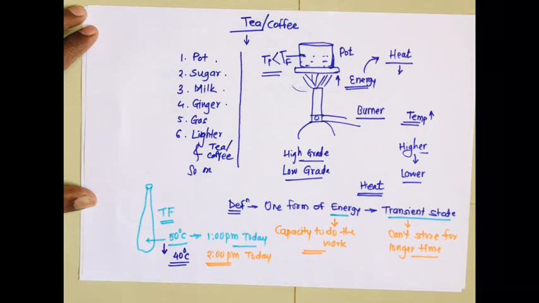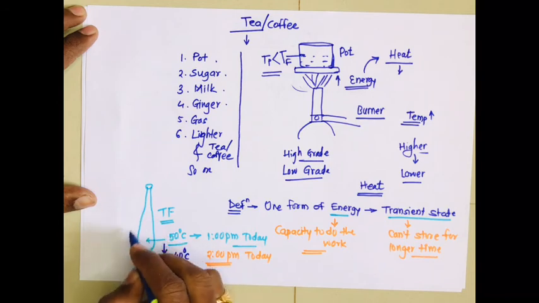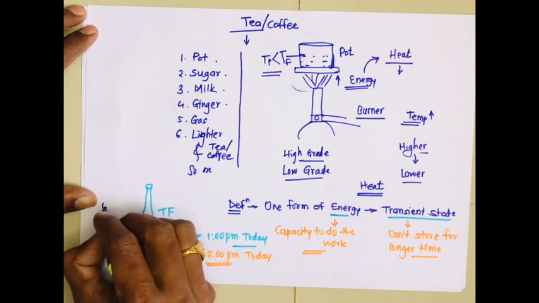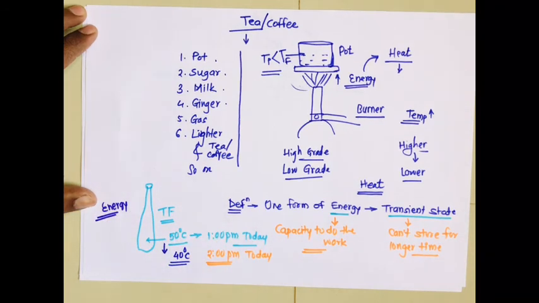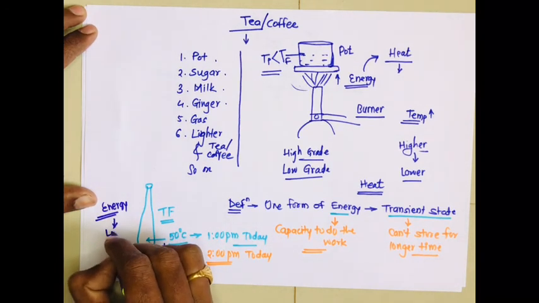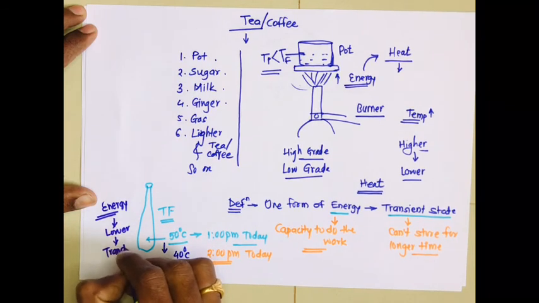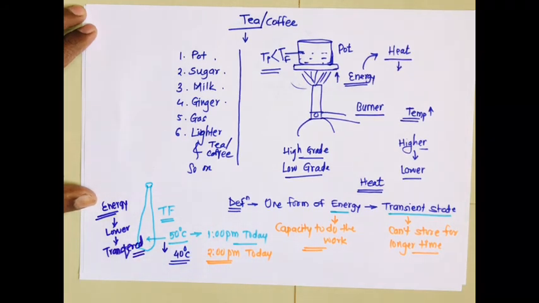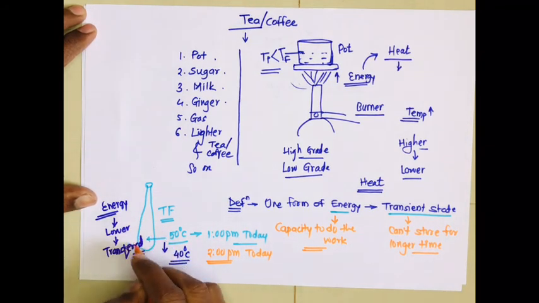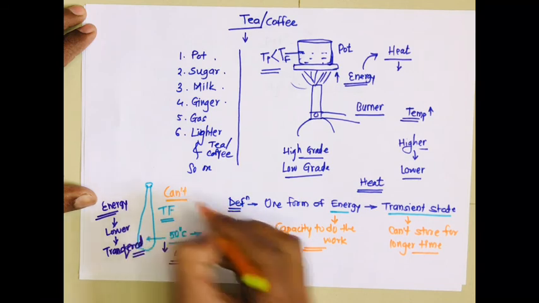From that, which conclusion can we draw? The energy possessed by the fluid, the tea or coffee which we have stored here, is lowered, or we can say that energy is transferred into some other form. Ultimately, the energy possessed by the tea or coffee kept inside the thermos flask we cannot store for a longer time.